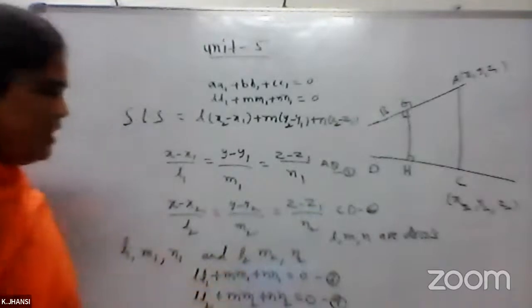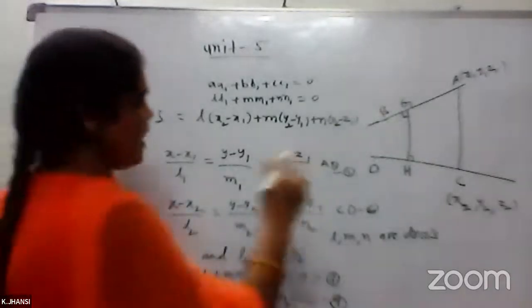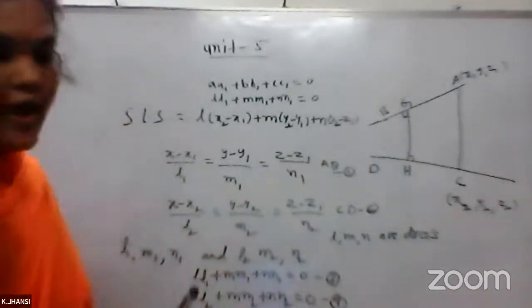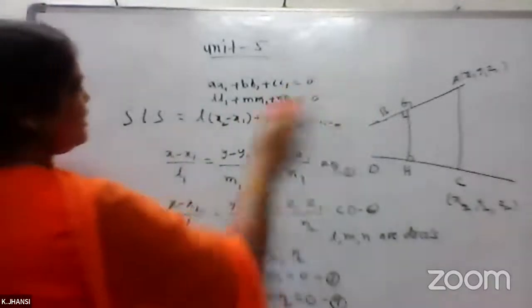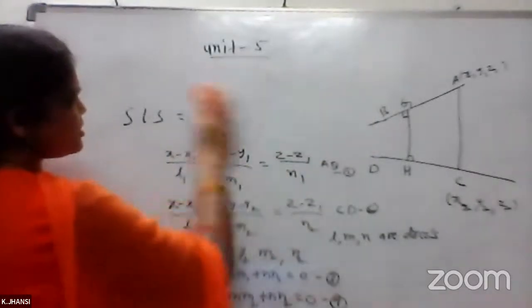On solving 3 and 4, you will get the values of l, m, n. I am telling the working rule of finding the shortest line segment.